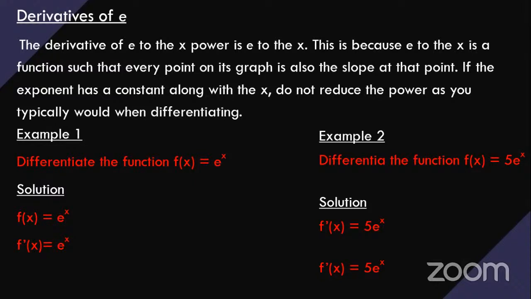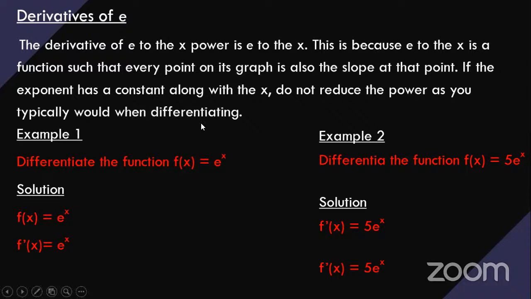So if the exponent has no constant along with x, do not reduce the power as you typically would when differentiating. When we did the power rule, we said you can bring the power down and multiply by the function. But for the derivative of e, we just let it be the way it is, unless the power is multiplied by a value.